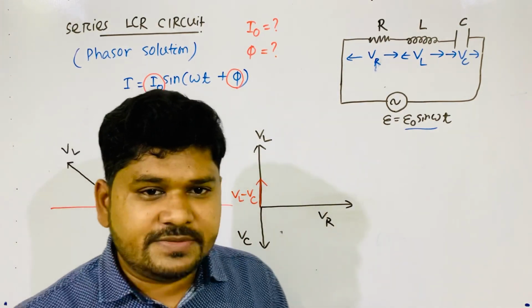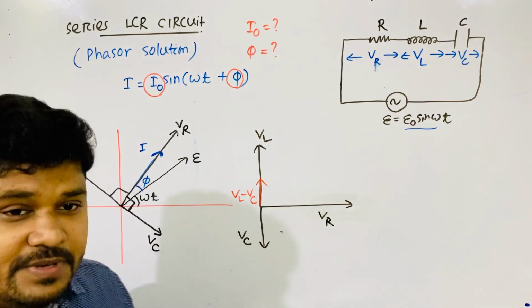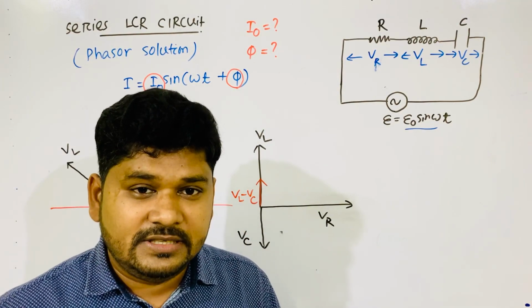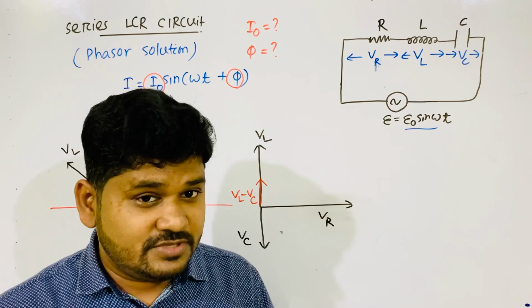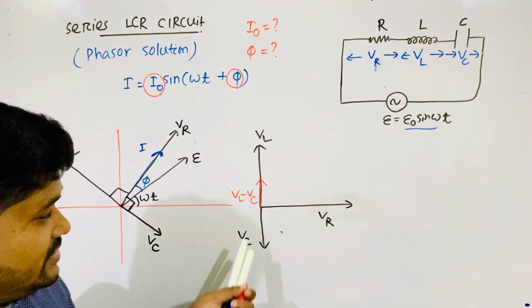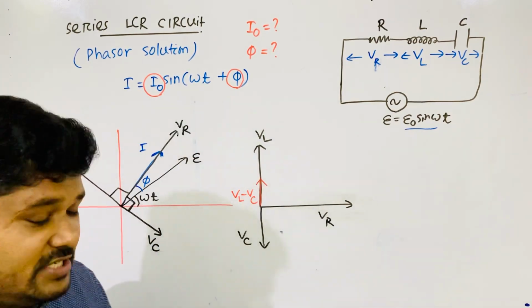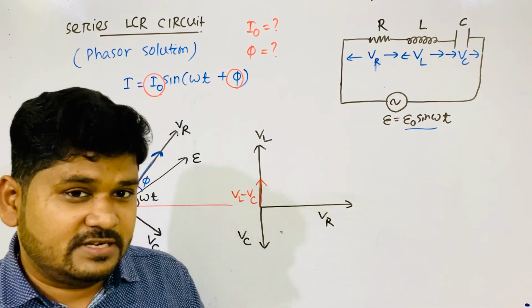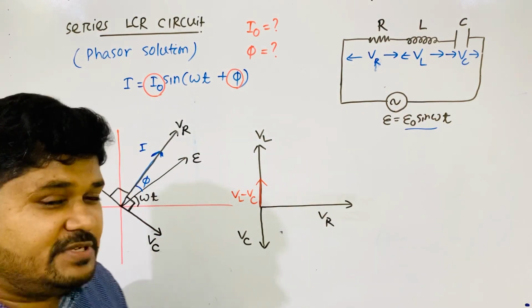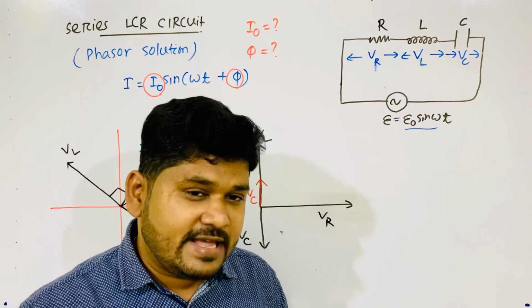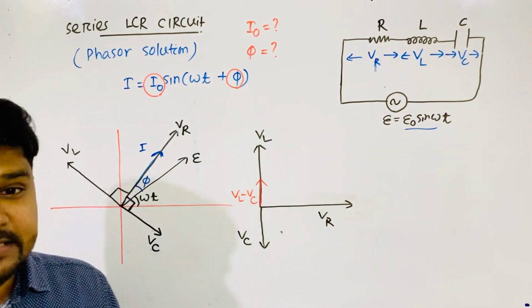Why VL minus VC? It can be VC minus VL. This question may be coming to your mind. Sir, who told you to do VL minus VC? Why can it not be VC minus VL? Yes, it also can be. Your thinking is correct.